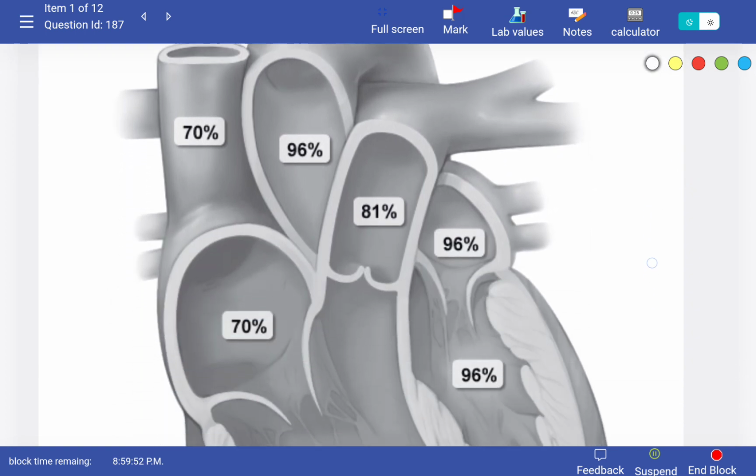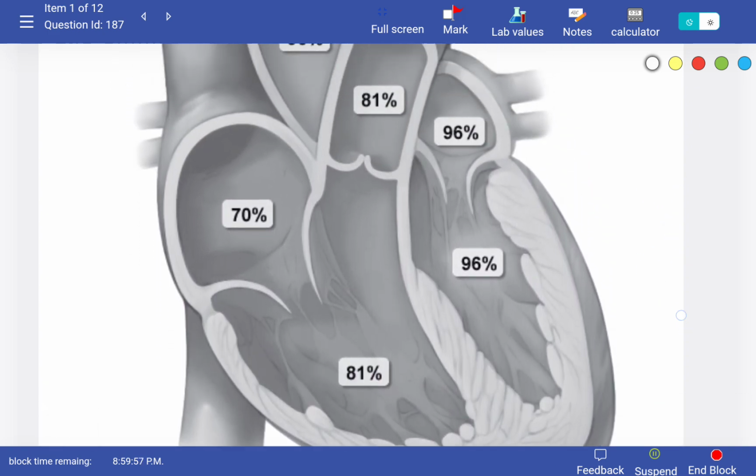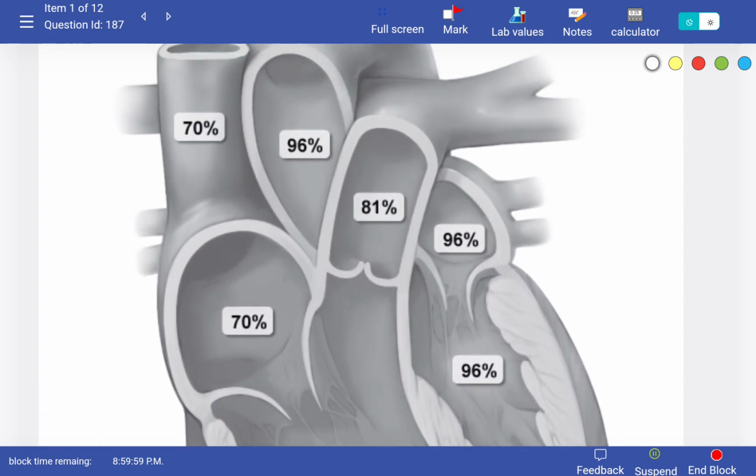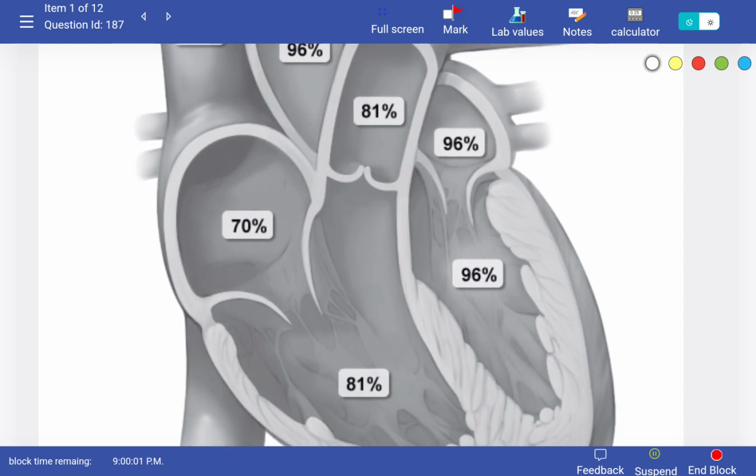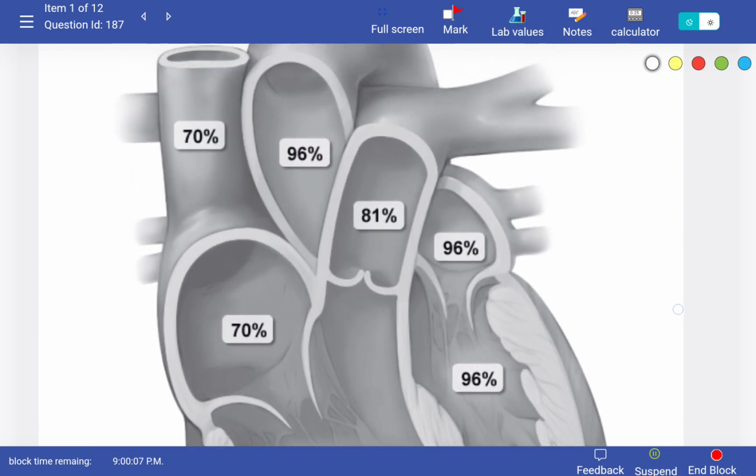Like this one, if we look at this, superior vena cava is 70%, then right atria 70%, then right ventricle 81%, then pulmonary artery 81%.